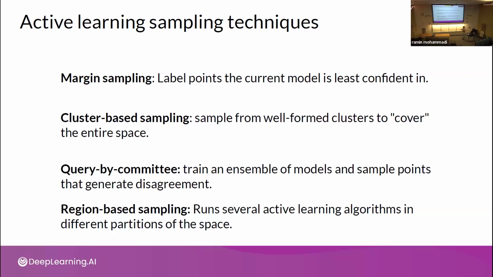That means data points where, let's say out of 9 models, 5 say class 1 and 4 say class 0. Pick those points because they are difficult for your models to learn, and try to label those. And then you have region-based sampling. Basically, the idea is that instead of having one active learning, you run different active learning on different regions of the data.